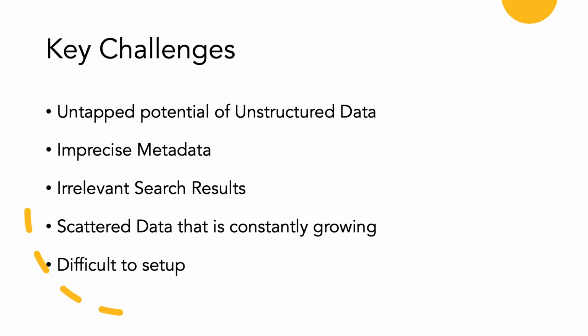And the other thing we have seen is irrelevant search results and scattered data that is constantly growing from the different data sources. And the final one is that it's more difficult to set up for developers. The reason is the data is coming from different data sources.